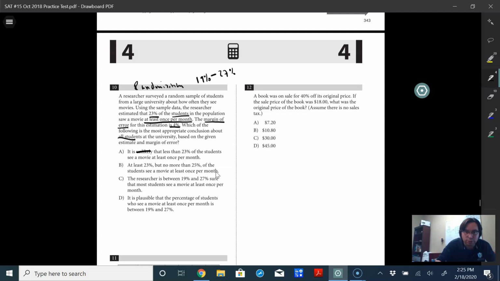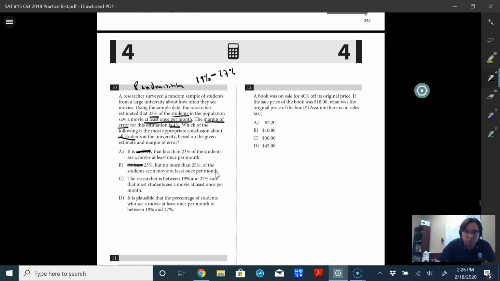B says at least 23% but no more than 25%. That's wrong again, because our range is 19 to 27. C says the researcher is between 19 and 27% sure that most students see a movie at least once per month. The language there seems a little awkward.